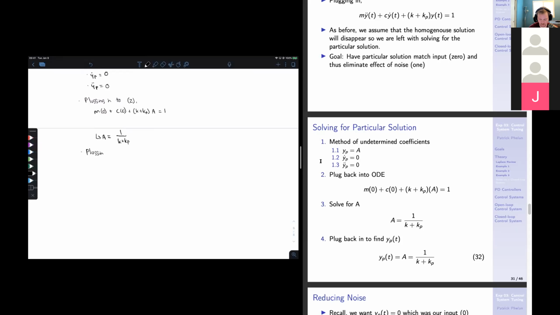So y sub p equals a, which is equal to 1 divided by k plus kp. That's going to be our output position for our system. Now let's think about reducing the noise, so let's box this.